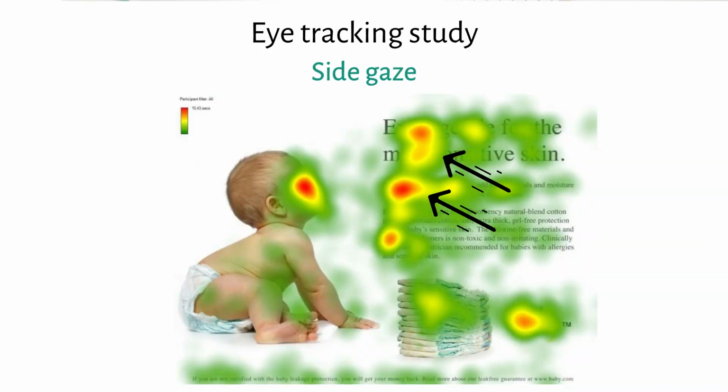However, in the image where the baby made a side gaze, there was more attention on the text and on the brand. So this goes to show that by just picking an image where the eye contact is towards the text, you place more attention on the message itself. How cool is that?